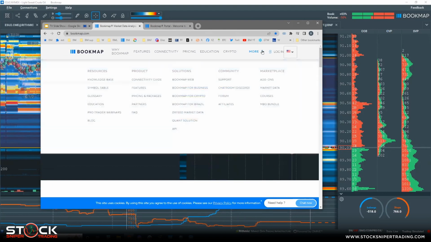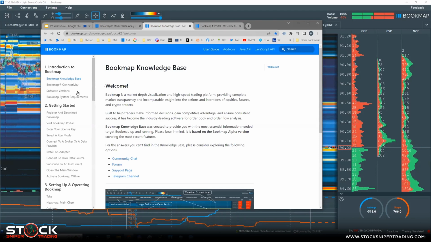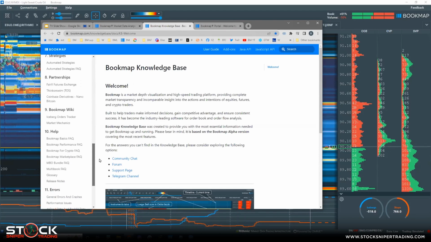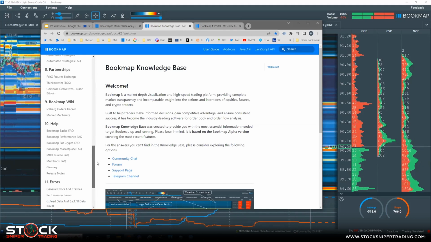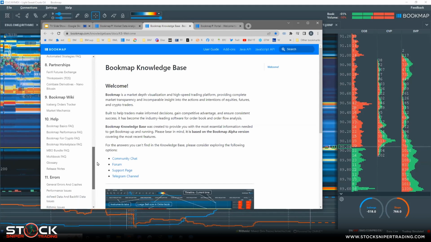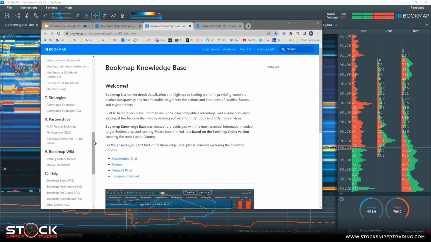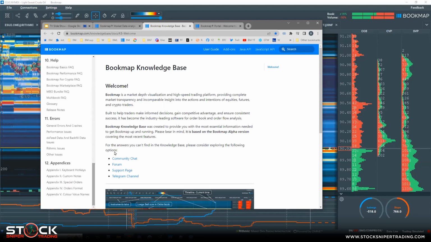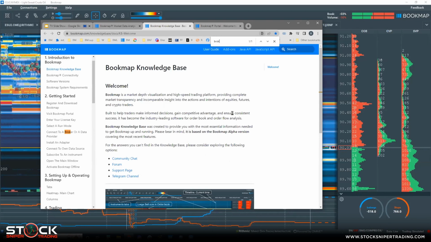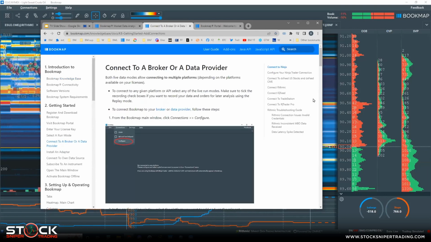Hold on. Go to knowledge base, and I know we have a list of some brokers in here. If we scroll down in the user guide area, partnerships. Let me look up broker. And over here, what do we have here?